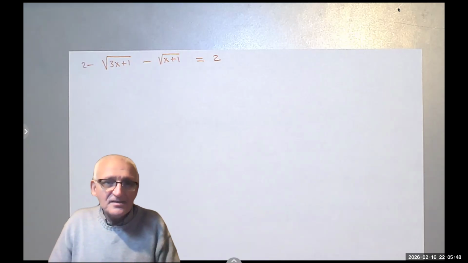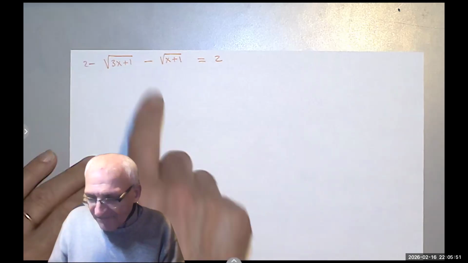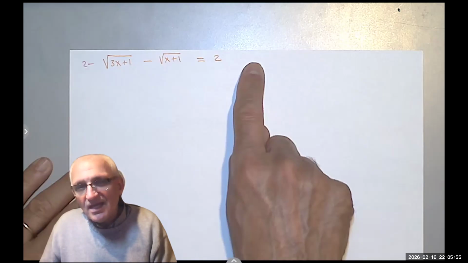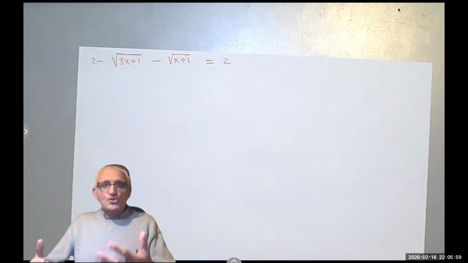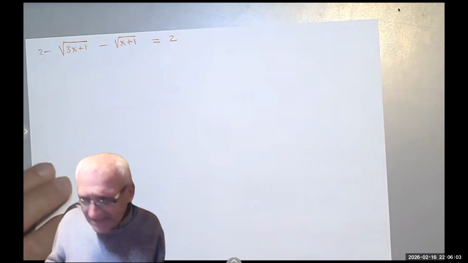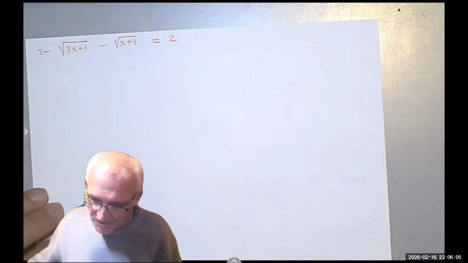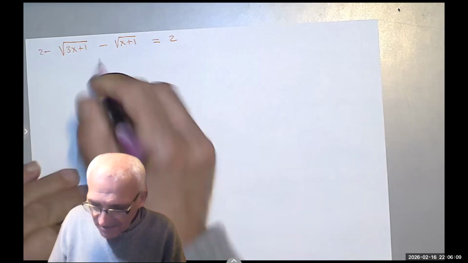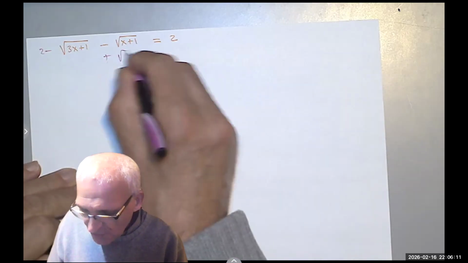Yeah, you can do that. But if I move it to the other side, you would say, but it's still the same thing. Yeah, but the square root usually is less complicated, less complex. So let's try to see what we can do. So I'm going to say, okay, I'm going to add root x plus 1 to both sides.